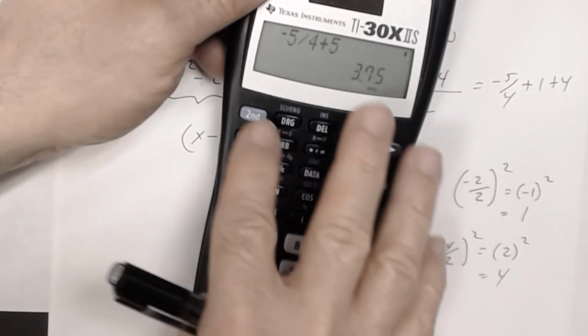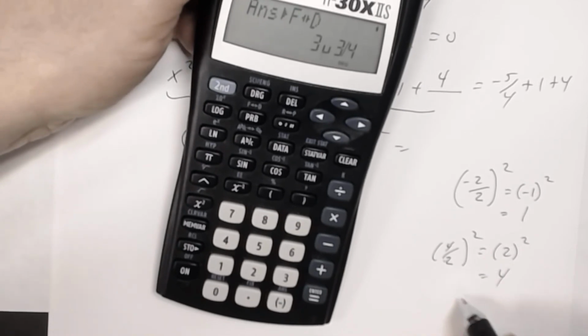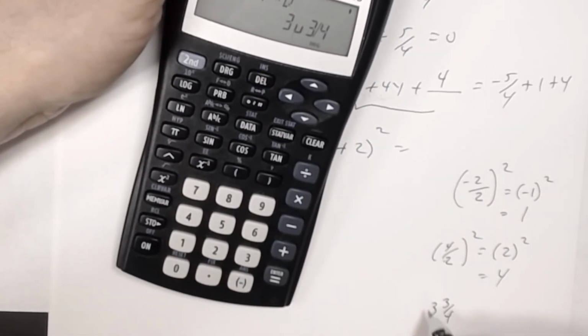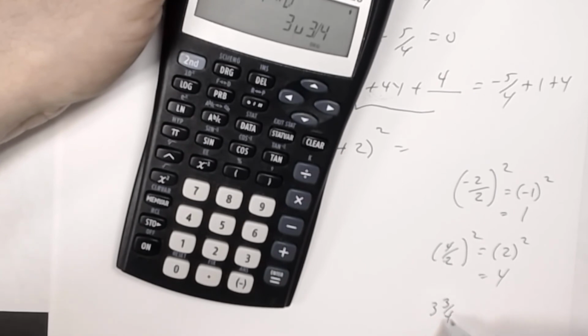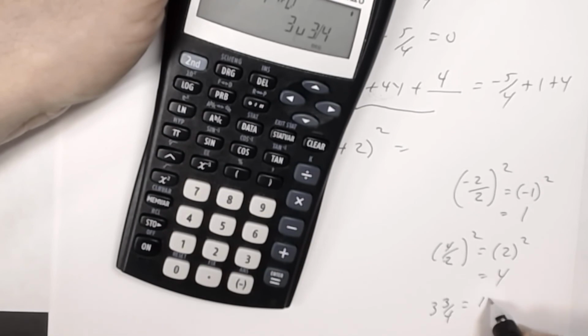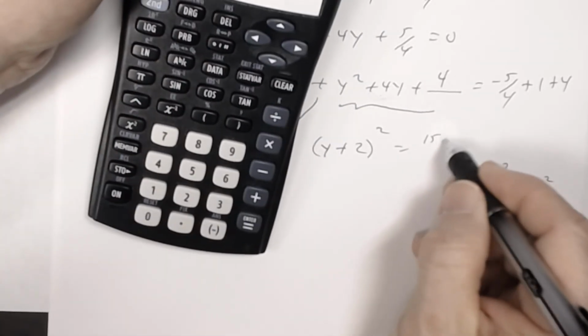All right, if you didn't, you just say 3 3/4. Okay, so this right here is 3 3/4, but we've got to convert this back to an improper fraction. So 4 times 3 is 12, plus 3 is 15. So again, 15/4. Okay, so that's 15/4 right here.